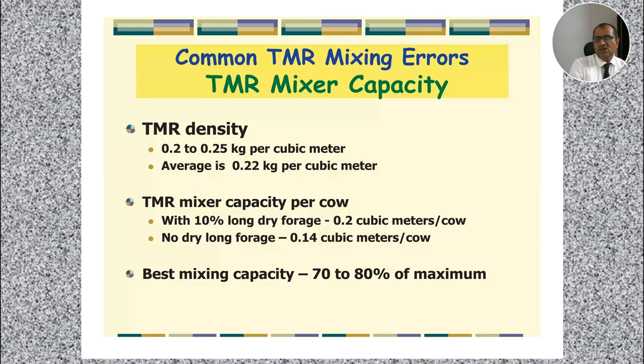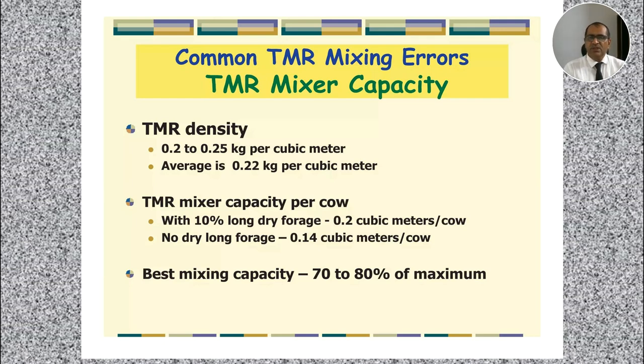Another mistake is the TMR mixer capacity per cow. With 10% long dry forage, 0.2 cubic meters per cow should be given. With no dry long forage, it is 0.14 cubic meters per cow.